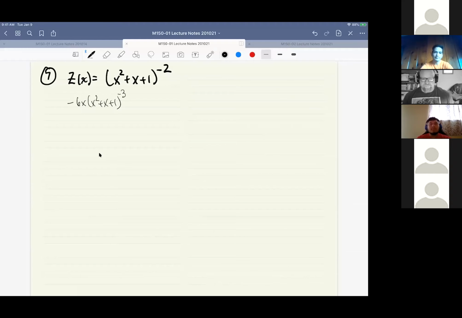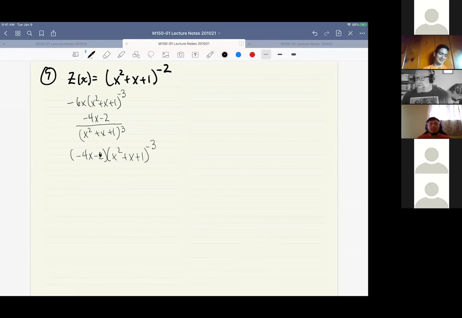Okay, so I got negative 4x minus 2 all over x squared plus x plus 1 to the third power. Okay. And Luke wrote negative 4x minus 2 in the chat. He's writing us x squared plus x plus 1 to the negative third power. Anybody else have an answer or a proposed answer?